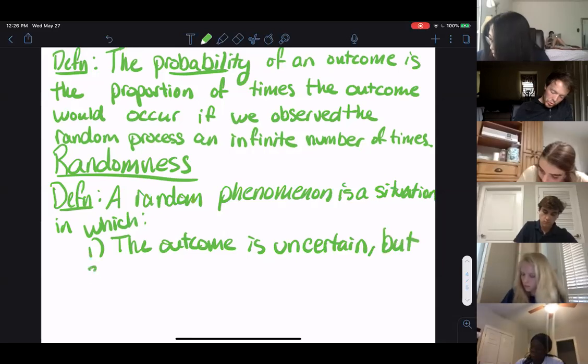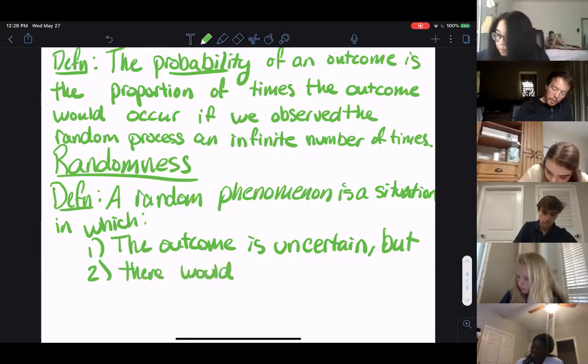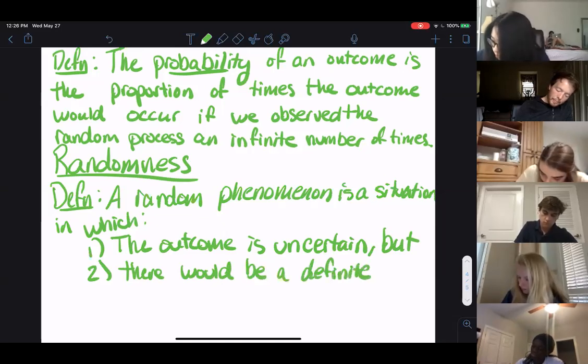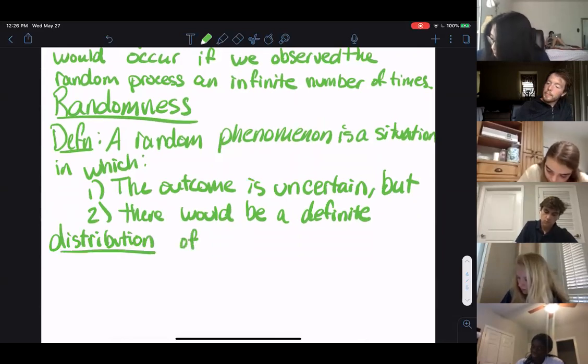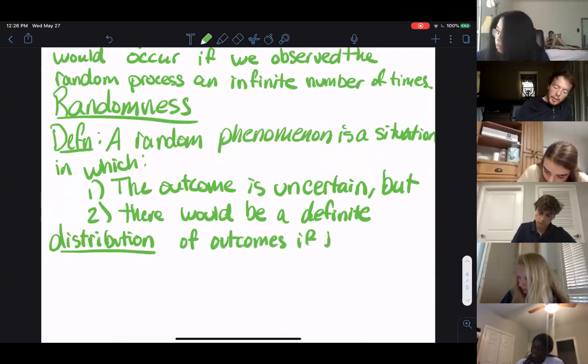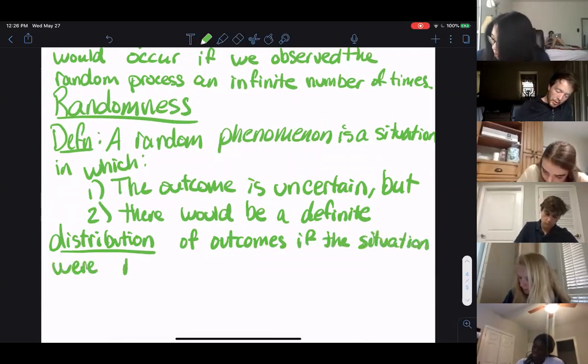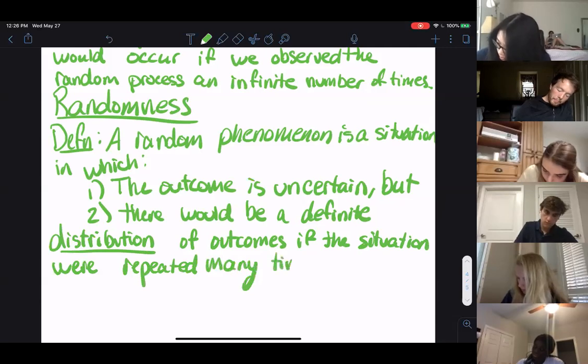But two, there would be a definite distribution of outcomes if the situation were repeated many times under identical conditions.